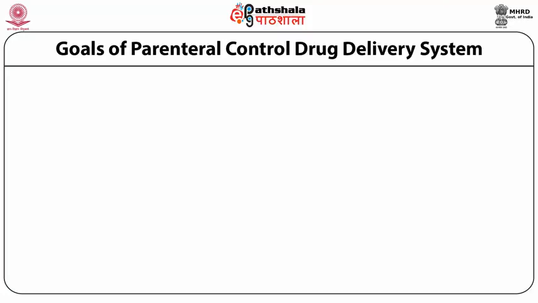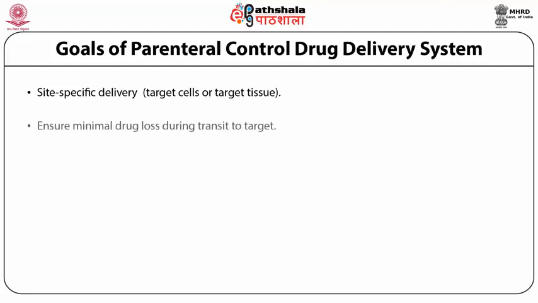With the background in mind of the various ways by which parenteral administration can be done, we would now like to focus on the various goals of the parenteral controlled drug delivery system. One of the first primary goals is to make the drug reach the target cells or target tissue, and hence it is aimed at site-specific delivery. The second primary goal is to ensure minimal drug loss during transit to the target.